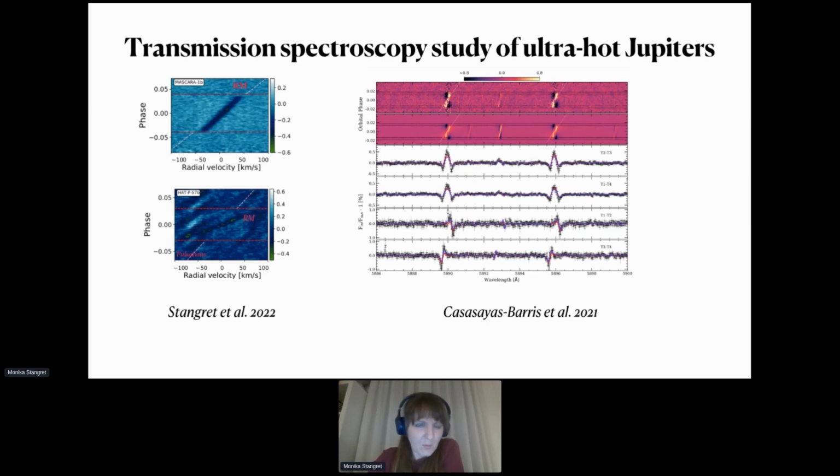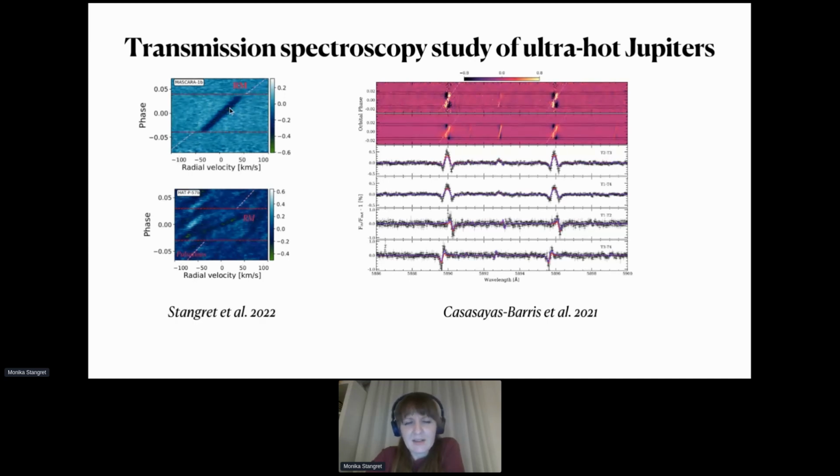But why I said they were problematic planets? Here on the left-right, you can see MASCARA-1b. And this black signal that you can see is not the signal coming from the atmosphere. This is the Rossiter-McLaughlin effect. And in this slightly tilted line, I'm showing where we expect the atmospheric signal.